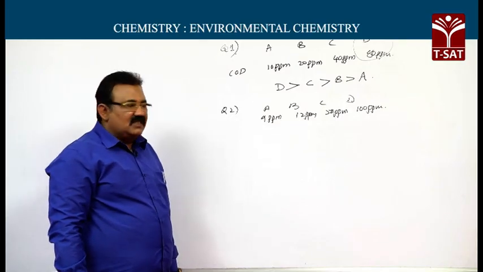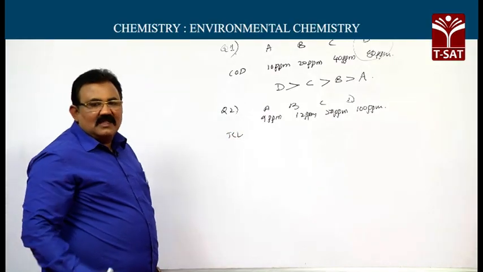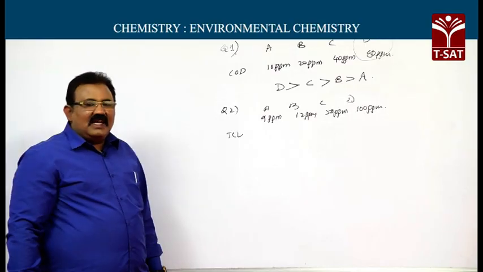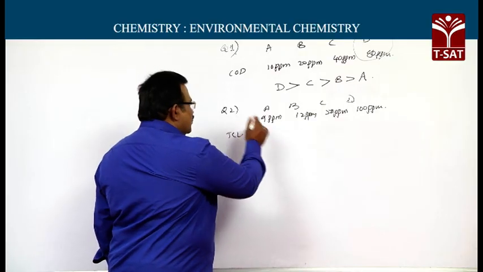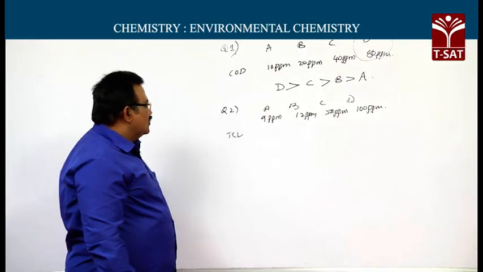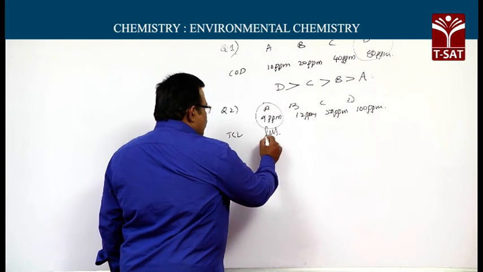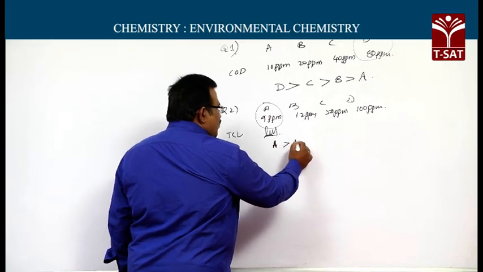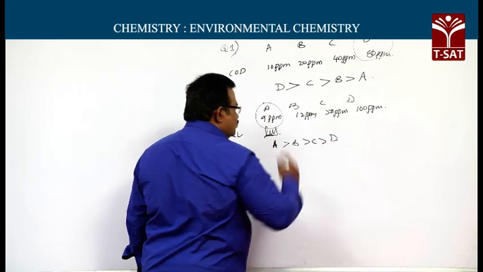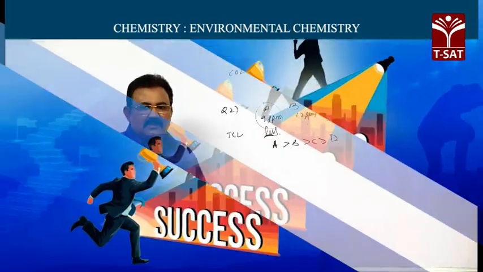As I said earlier, if the TLV value is less, then it is a very dangerous pollutant. So, the lesser the TLV value, the greater its toxic effect. The TLV value of A is less, that is why the toxicity of A is more. A is the most poisonous pollutant, then B, then C, then D. In this way, questions will be asked on these terms.